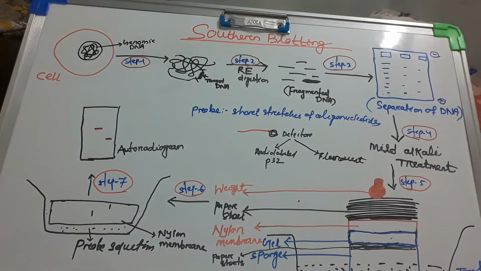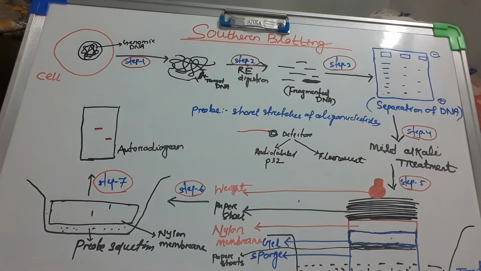Due to that weight, it creates a pressure, so that the interaction between the gel and the nylon membrane takes place, and due to capillary action, the buffer starts to move from the bottom towards the top, and during this movement of the buffer, the DNA from the gel moves towards the nylon membrane also.